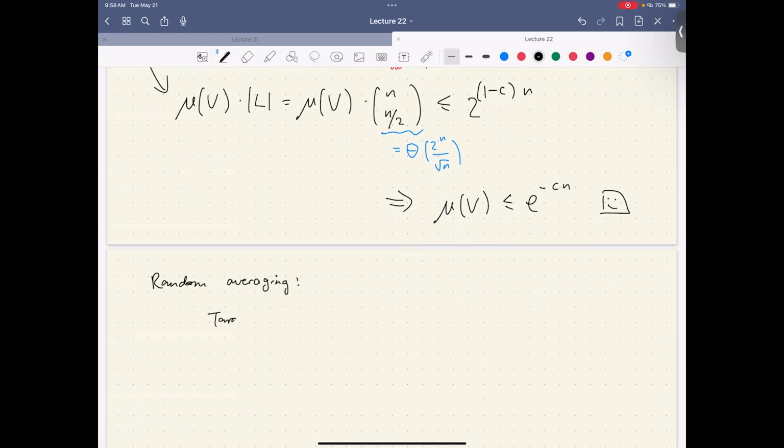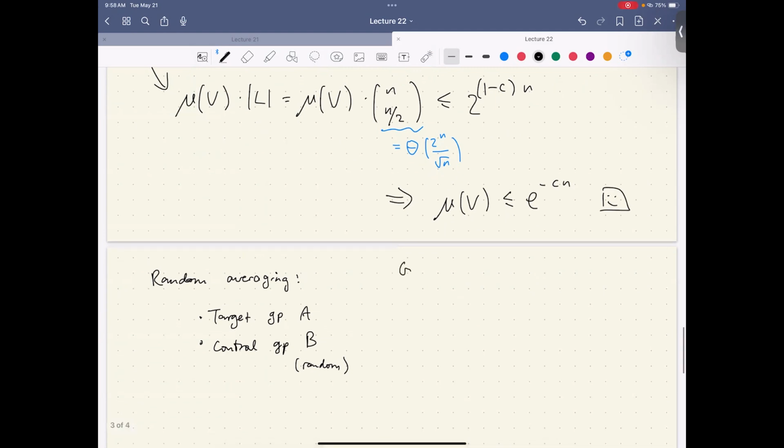Remember, we have some target group A, and we have some control group B. Usually B is random. We introduce this smart way of introducing some random group, and our goal is to upper bound the size of A. In this case, we want to upper bound the size of V. But it could be a continuous set, so look at the measure.